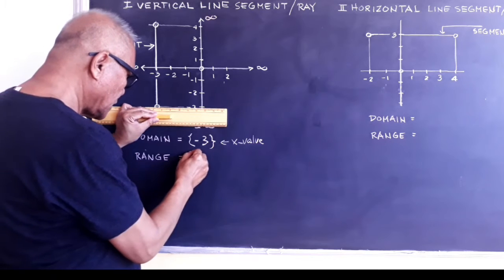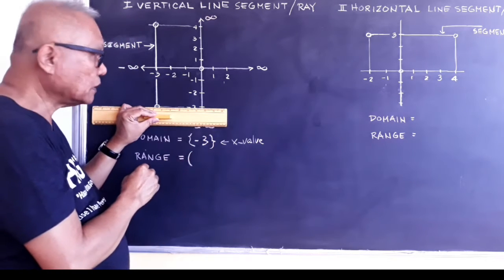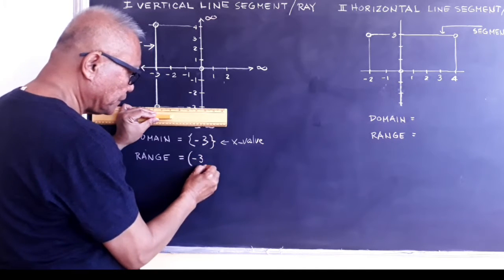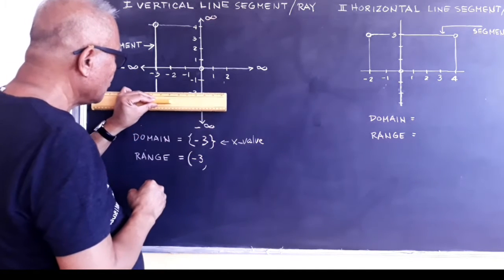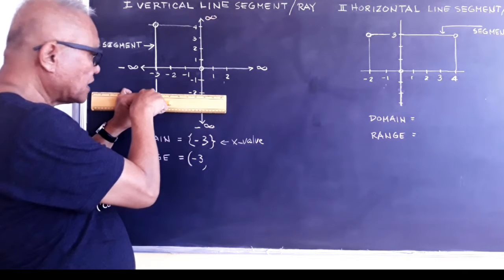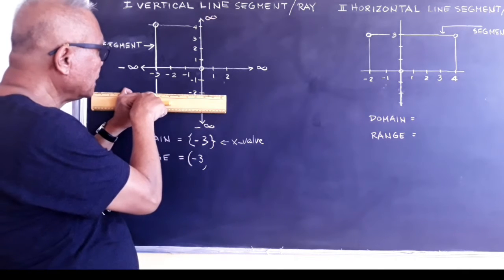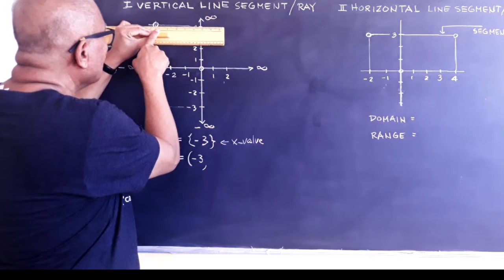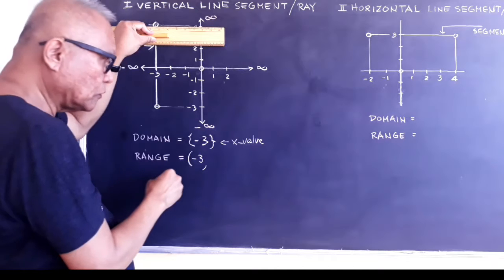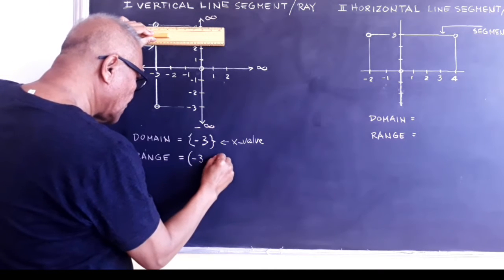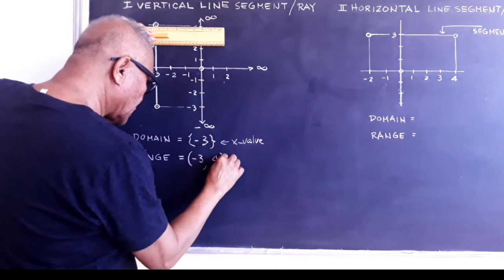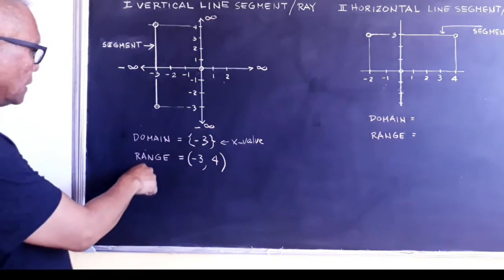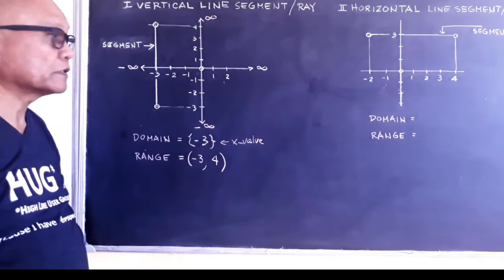Therefore, you write the range like this, with a parenthesis meaning not included, and write the -3 here. The -2 is included because this line will intersect the vertical segment here until the 4, in which the 4 is not included also. So we write here the 4, and then the closing parenthesis. So we have this domain and range.